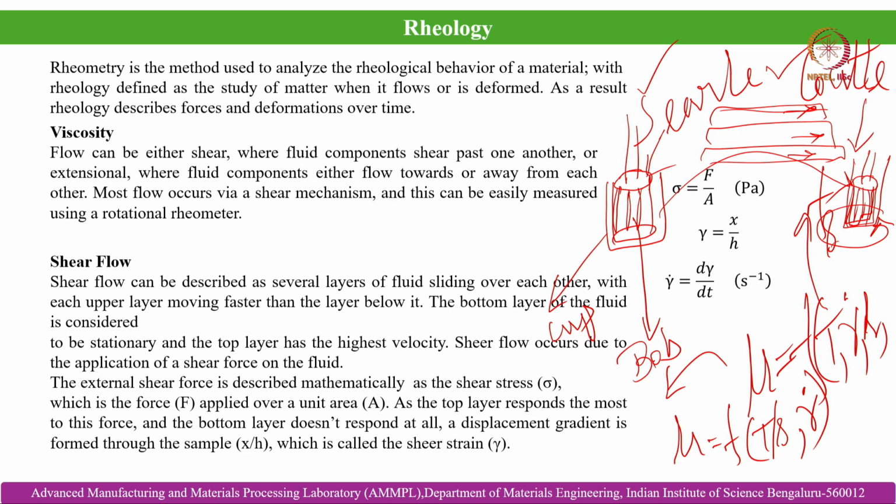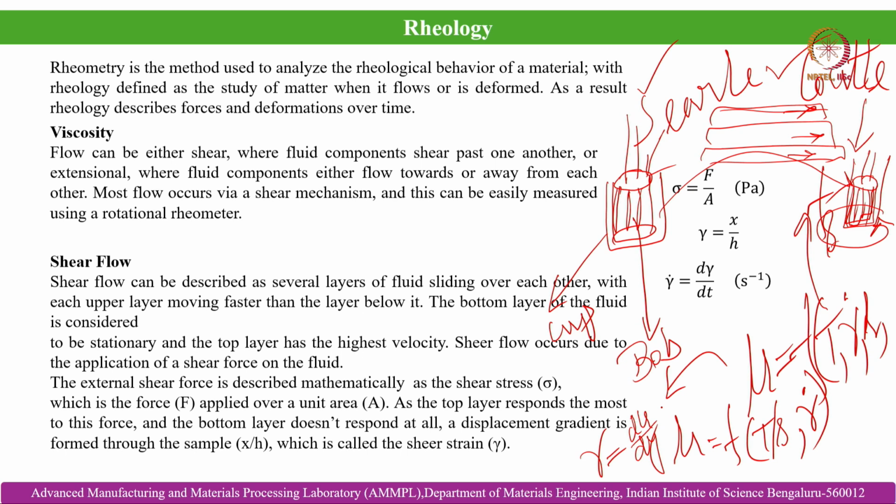As the top layer responds the most to this force and the bottom layer does not respond at all, a displacement gradient is formed through the sample, which is called the shear strain. Shear strain is nothing but dH, or the velocity gradient, that is du/dy.